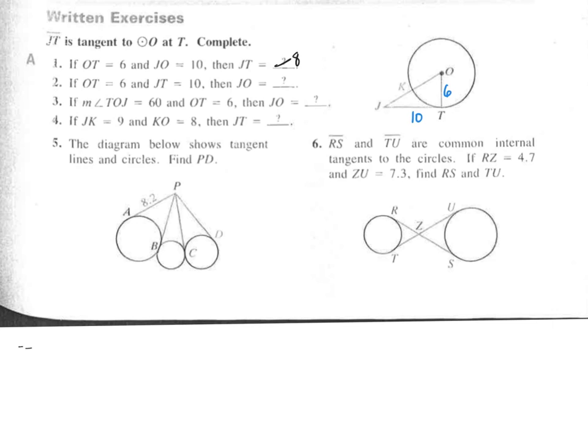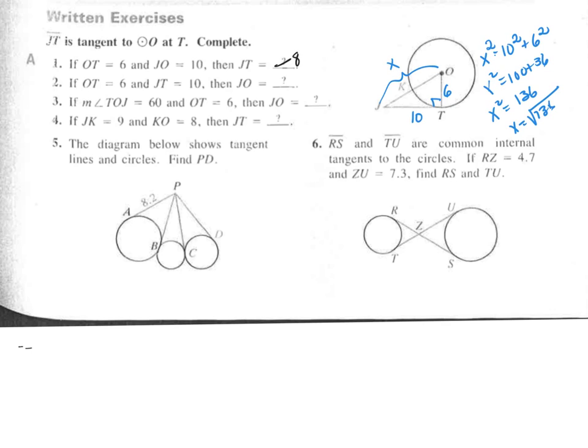And we have to find JO. This is our unknown. I'm going to call it X. We still have a right angle in there at the point of tangency. So this time we would say that X squared equals 10 squared plus 6 squared, or X squared is 100 plus 36. X squared is 136. So X is the square root of 136.